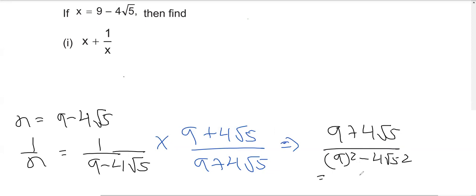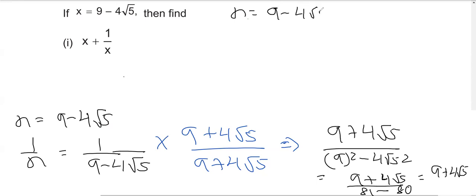Denominator: 9 square is 81, minus 4 square is 16, and 16 into root 5 square, which is 5, gives 80. So 81 minus 80 is 1, and we got this as 9 plus 4 root 5. Once again, we have x given as 9 minus 4 root 5, and we got 1 over x as 9 plus 4 root 5.